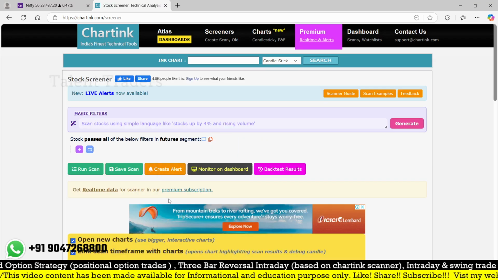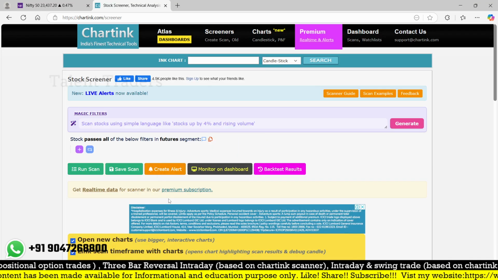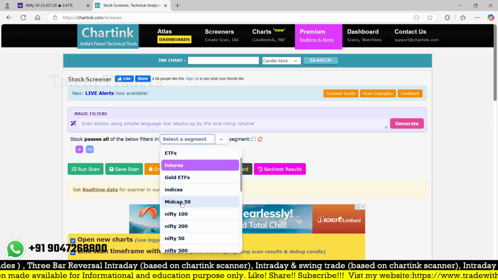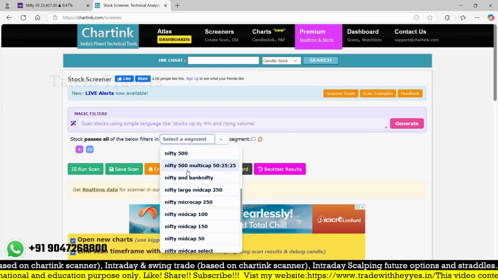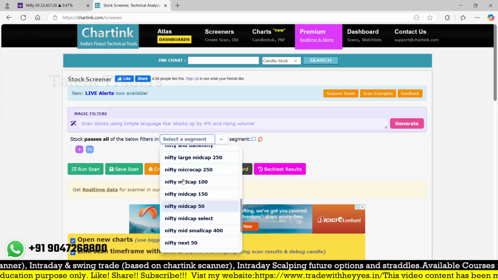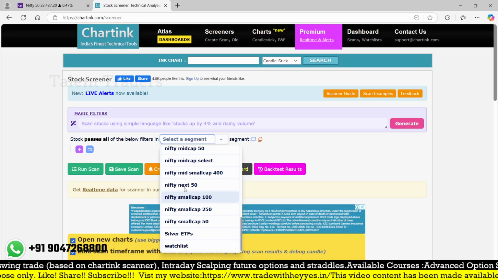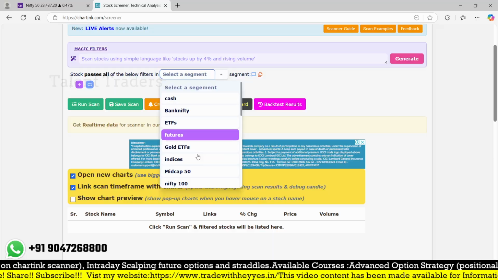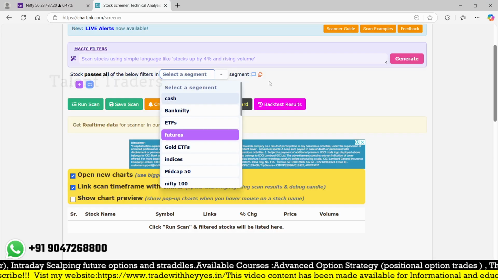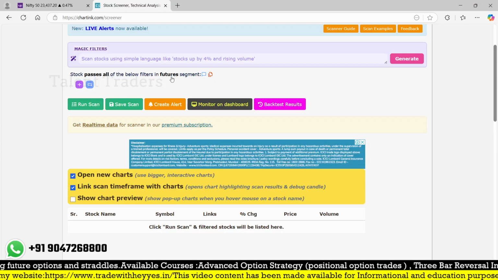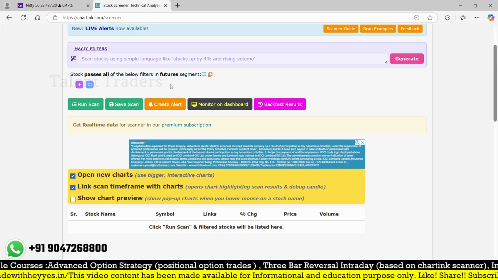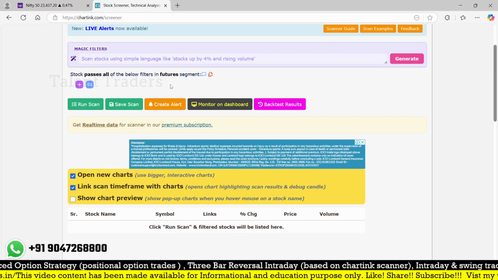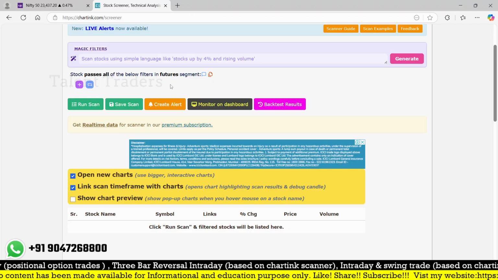I am trying with the futures. If you want to select any segment, such as an index, Nifty 500, or Nifty 500 multi-cap, whatever sector or group you want, you can select it from here, or you can use the cash segment to find all the stocks. Futures are around 224 stocks right now, and we filter from those.